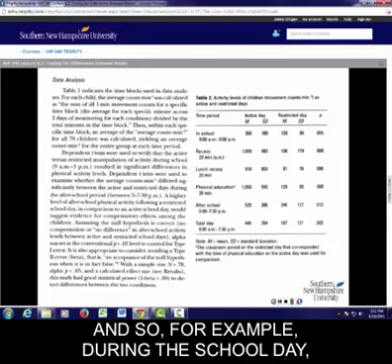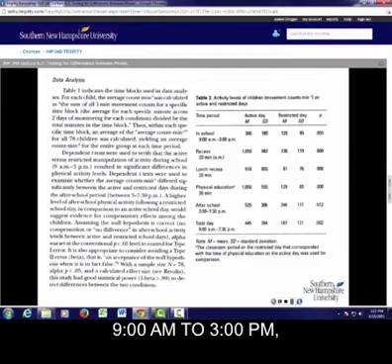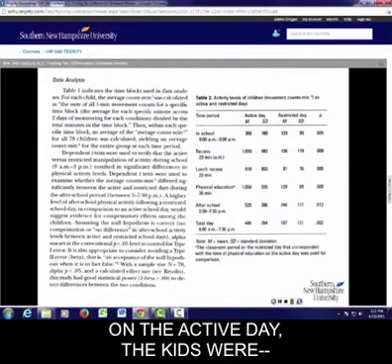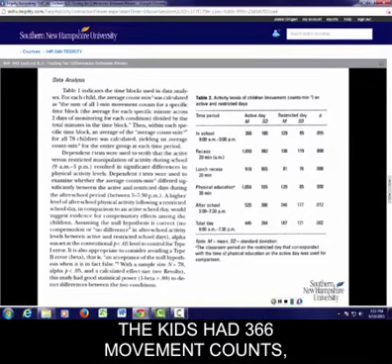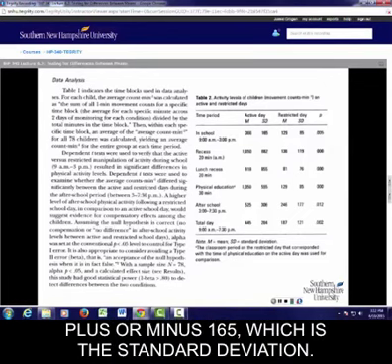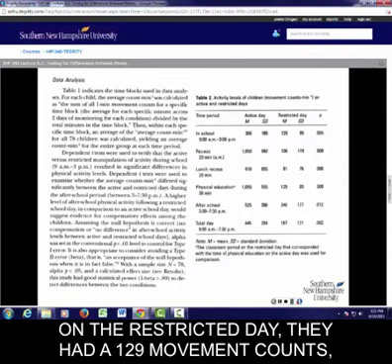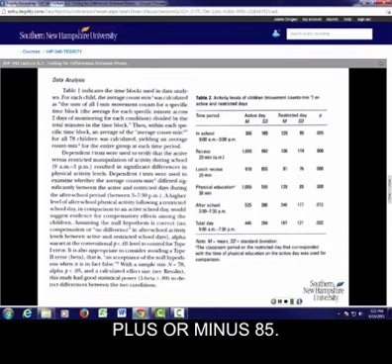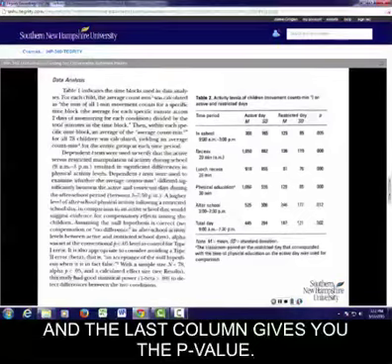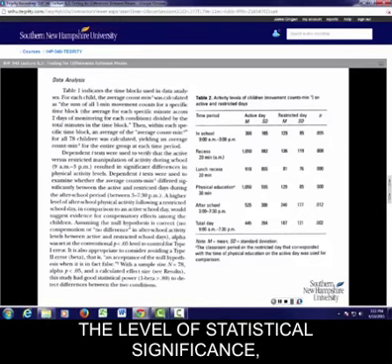So, for example, during the school day, 9 a.m. to 3 p.m., on the active day, the kids had 366 movement counts plus or minus 165, which is the standard deviation. On the restricted day, they had 129 movement counts plus or minus 85. And the last column gives you the p-value, the level of statistical significance.